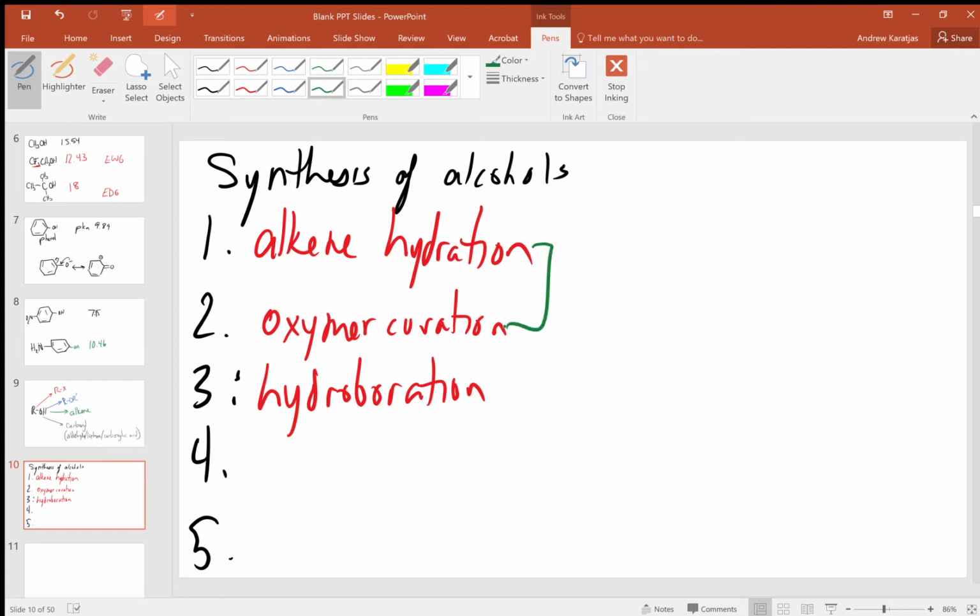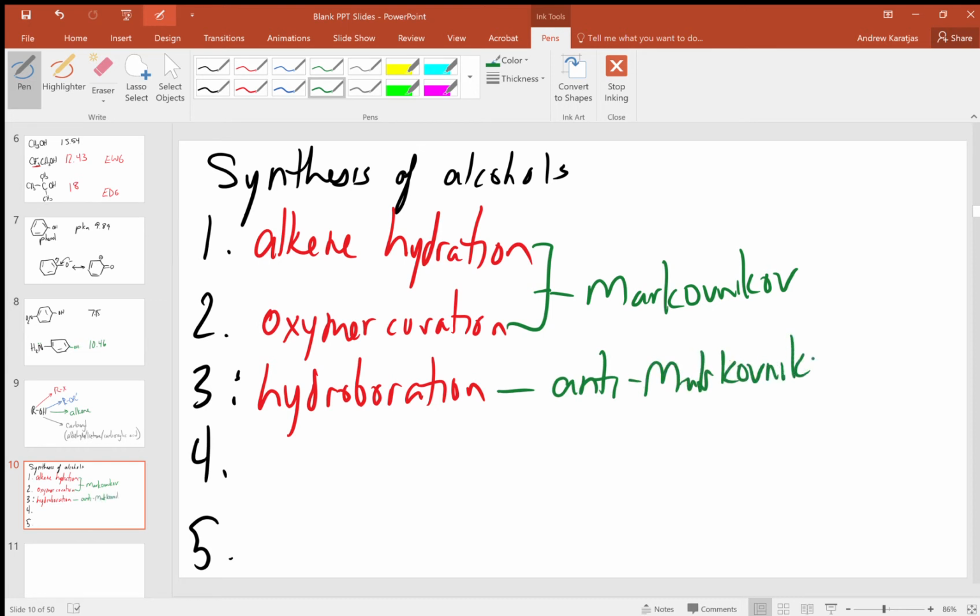Of course, the first 2 give us the Markovnikov, or more substituted alcohol, whereas hydroboration is anti-Markovnikov and gives us the less substituted alcohol.